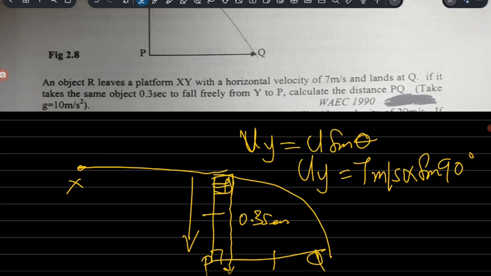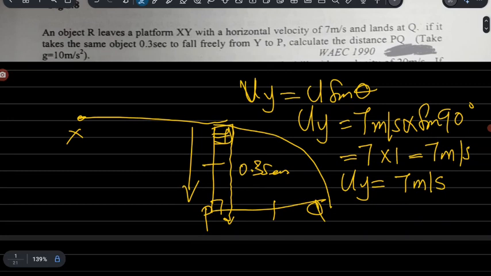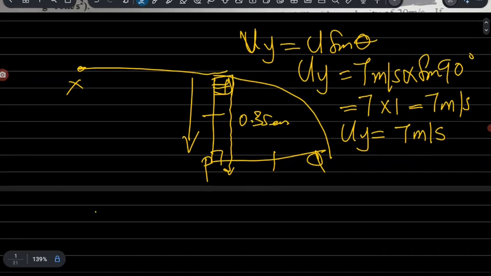Sine 90 degrees is 1, so 7 times 1 is equal to 7 meters per second. So the component of initial velocity in the y direction is 7 meters per second. And we have been given the time to be 0.3 seconds.